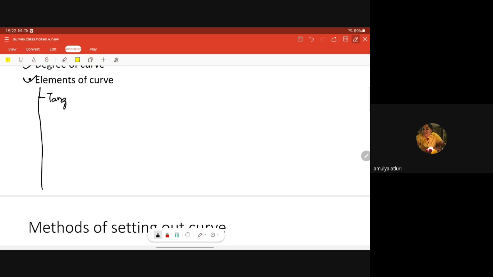How do you calculate the tangent length? It is nothing but VT1 and VT2 equal to R tan delta by 2. Next, external distance or apex distance. It is nothing but VE equal to R into secant delta by 2 minus 1.